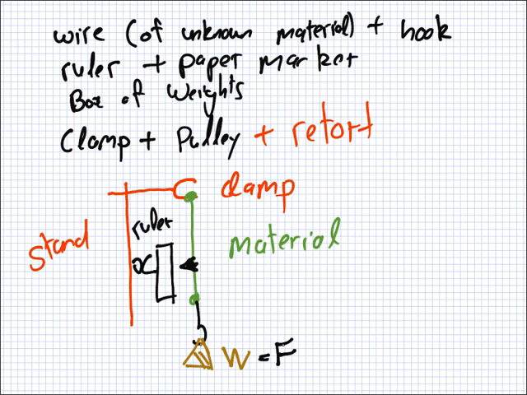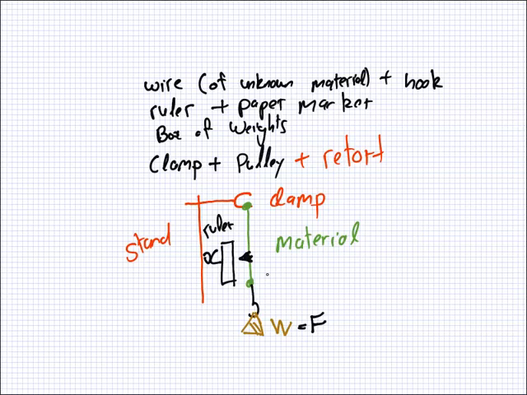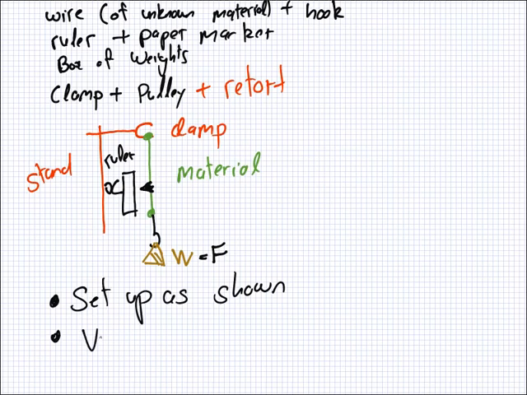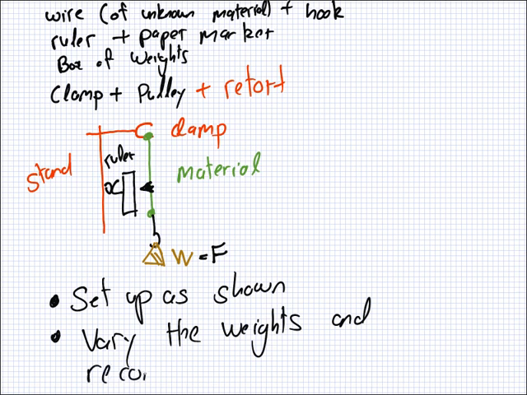Right, this gives me the X, and what does this give me? Gives me the F. Yeah? So how would we, what are the steps in this experiment? Step 1 would be to set up as shown. Step 2 would be to vary the weights and record the X extension for each weight.